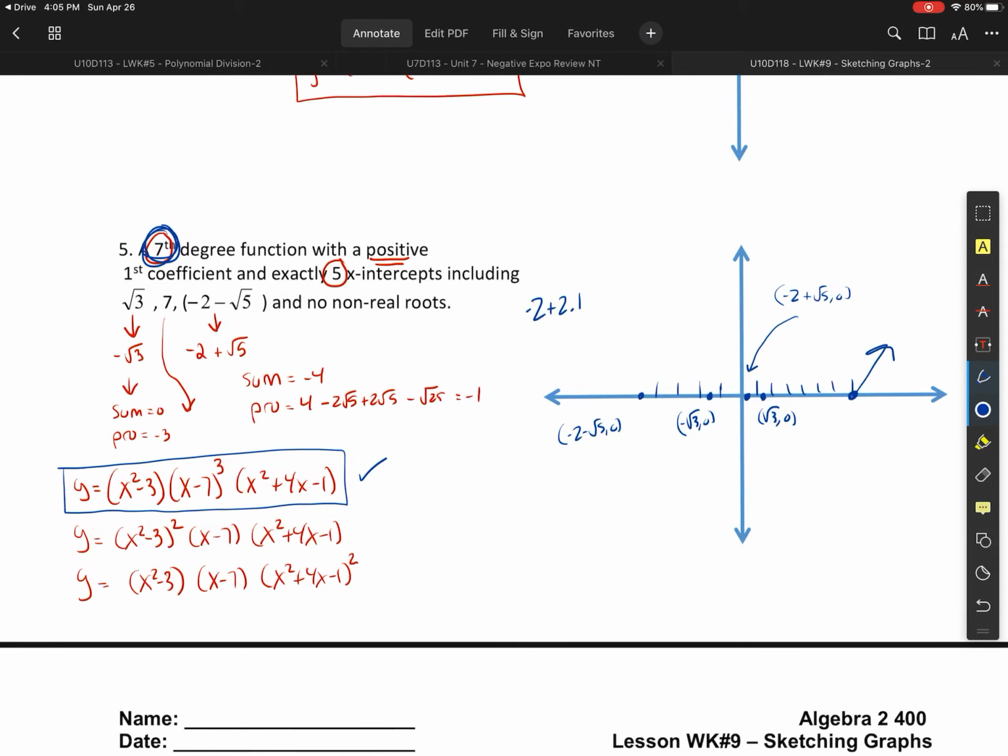So my lead coefficient is positive. Odd degree. And I got no doubles in this situation. So there we have that. In this situation, I didn't draw it very low, but my intercept is 0, negative 1,029.